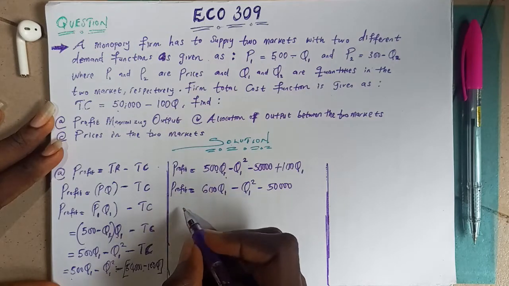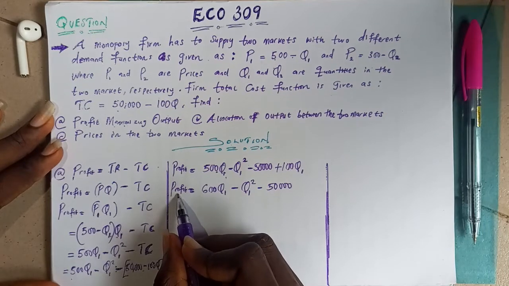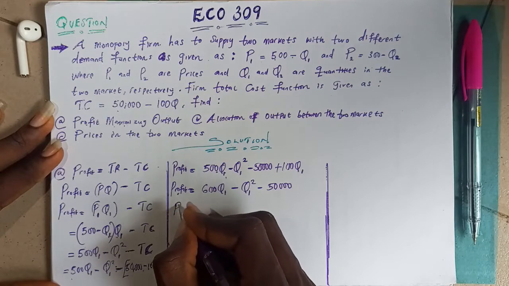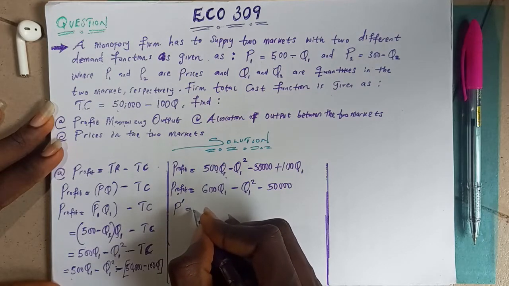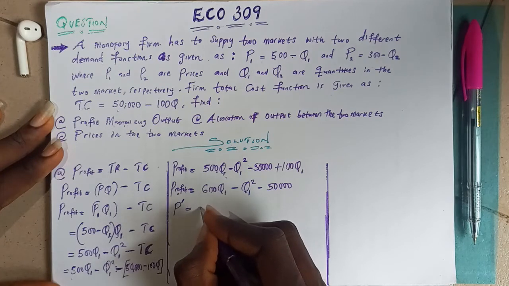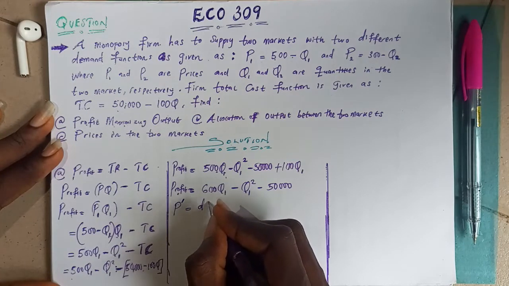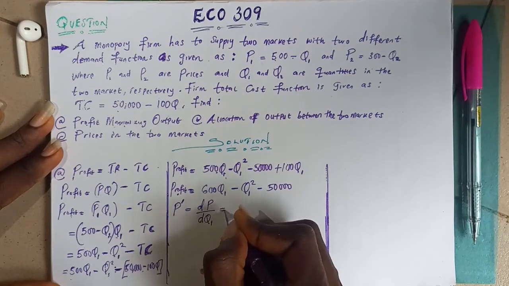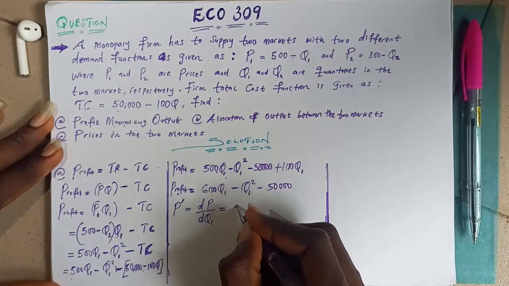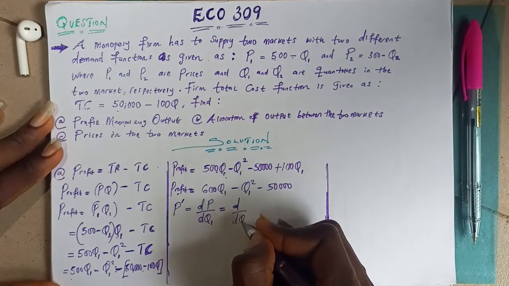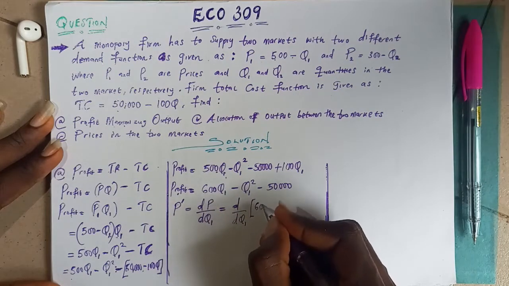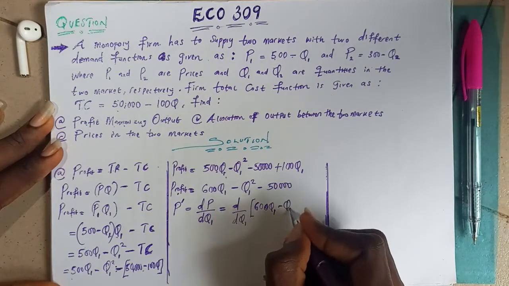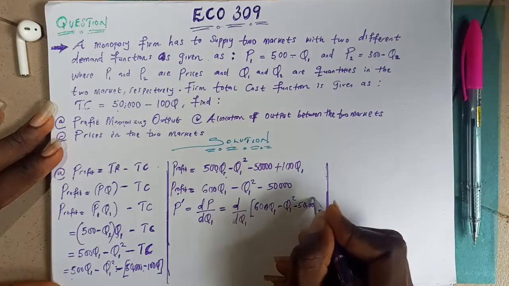The next thing is to maximize this profit. That means we have P prime, which simply implies the maximized profit, whereby you need to differentiate profit with respect to the quantity demanded. Here I'm differentiating with respect to Q1 the profit function, 600Q1 minus Q1 squared minus 50,000.